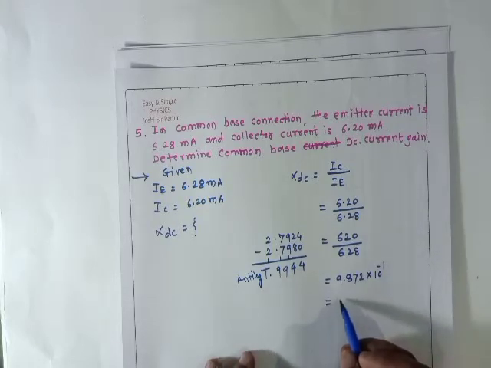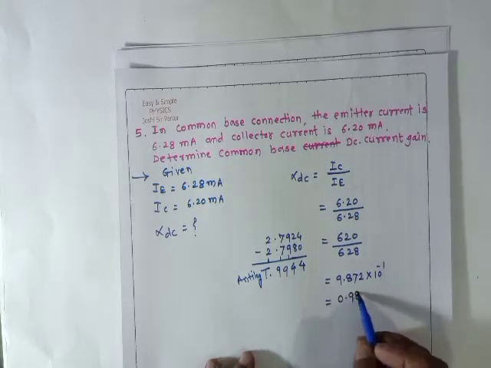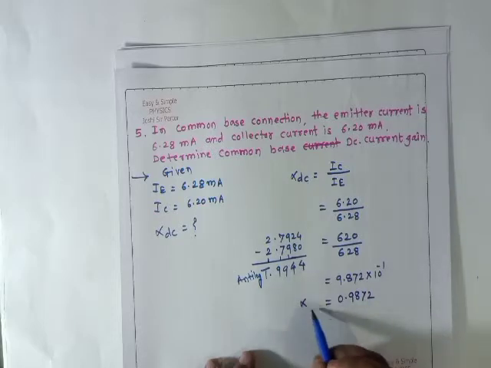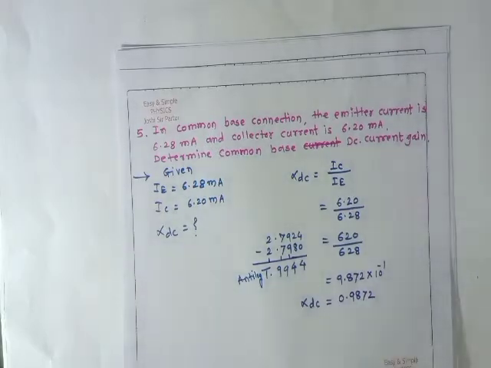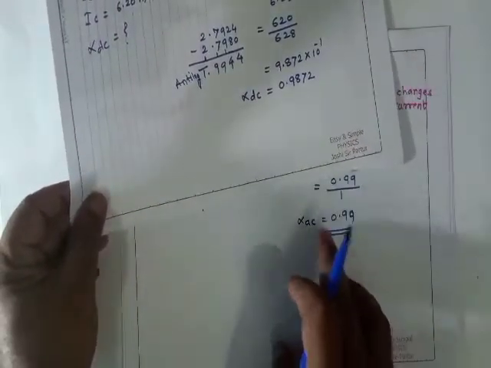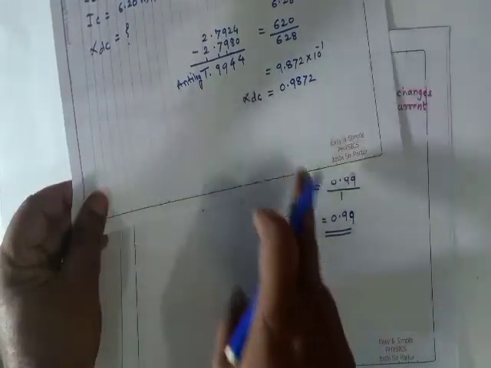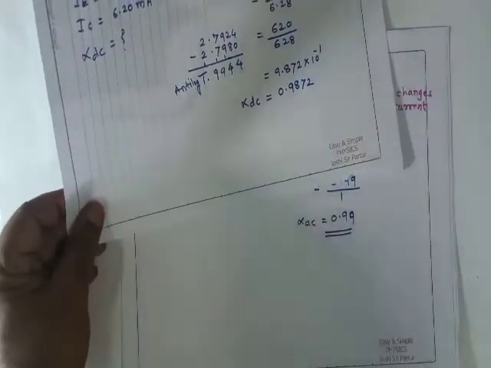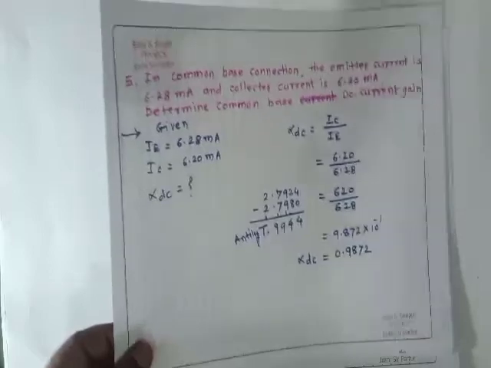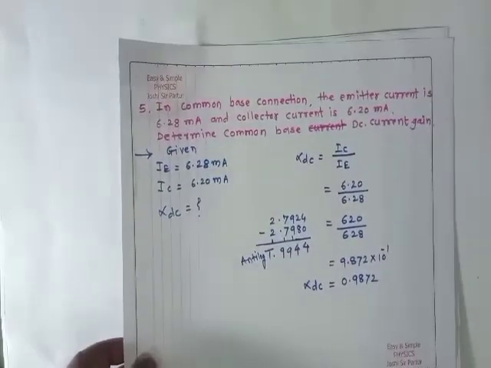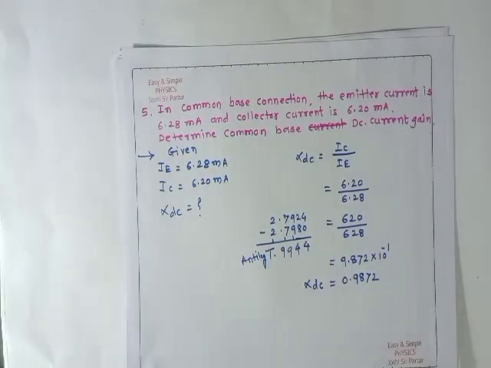So therefore it is 0.9872 alpha DC. We have seen alpha AC and alpha DC are approximately equivalent. The current gain factors are less than one.